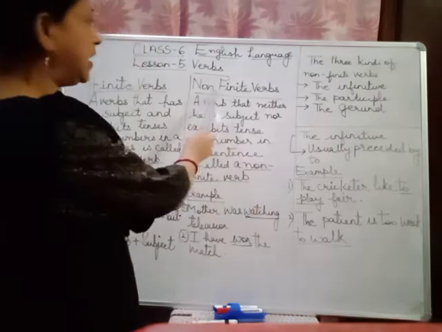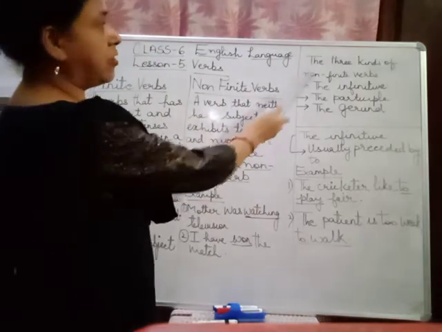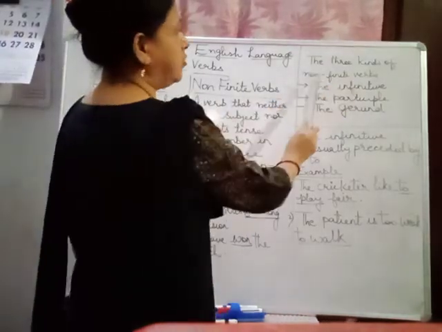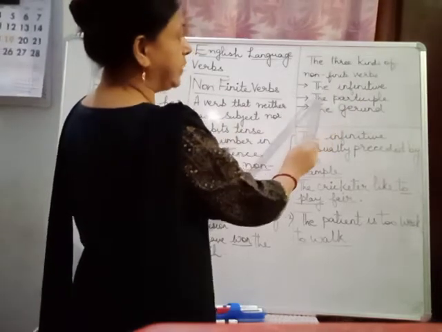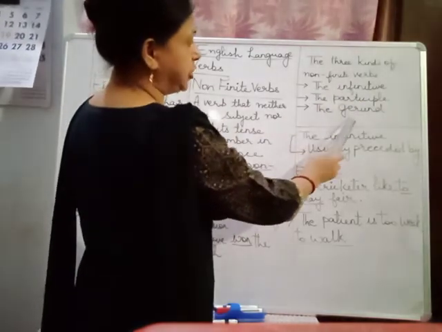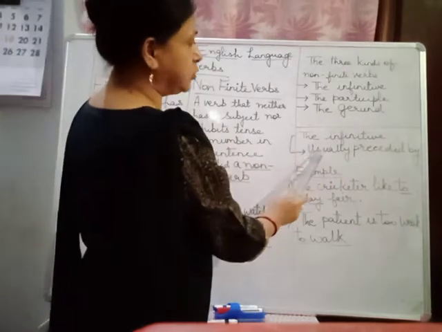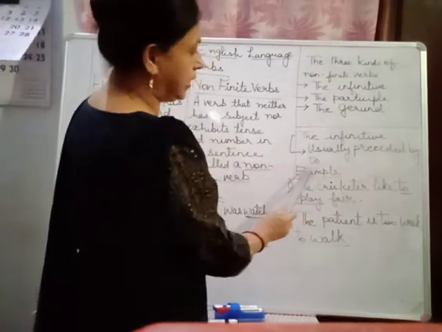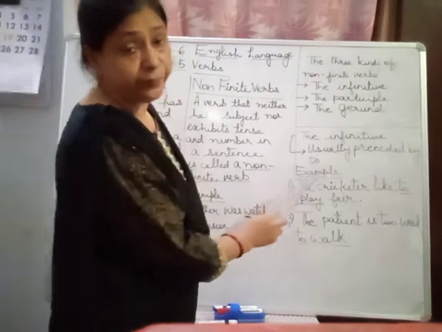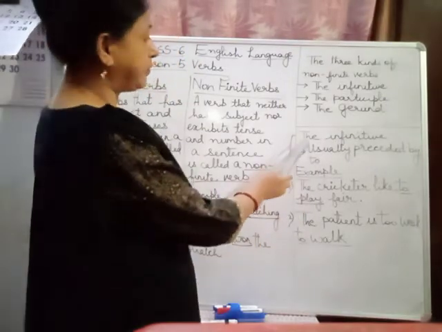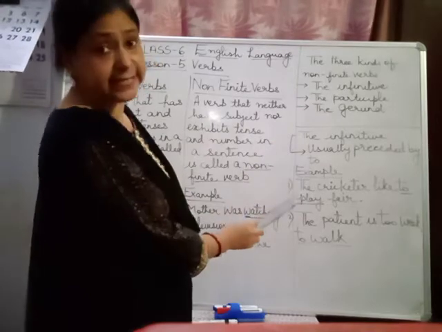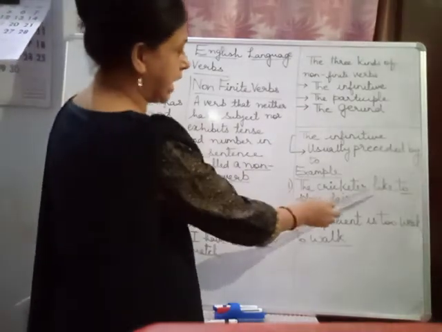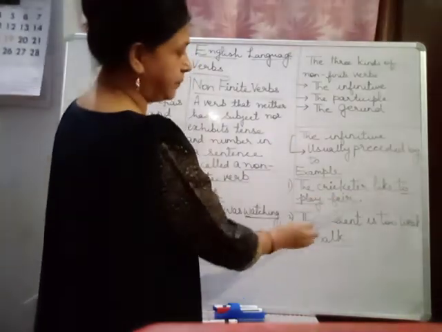So children, non-finite verbs are of three kinds. Non-finite verbs are the infinitive, the participle and the gerund. The infinitive is usually preceded by to. For example, the cricketers like to play fair games.